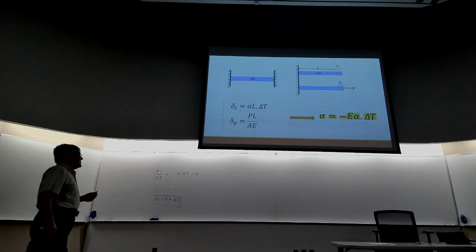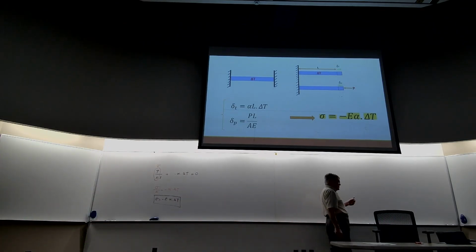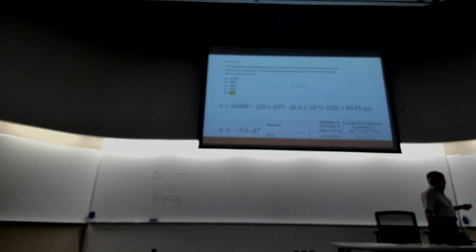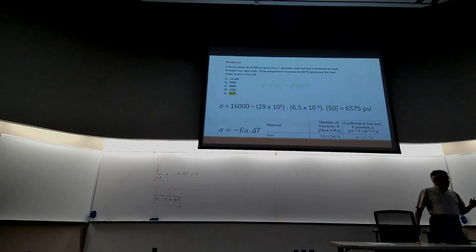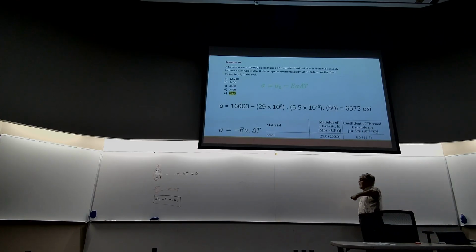And here's a numerical example in which we have an initial tensile stress of 16,000 psi in a 1-inch diameter steel rod, fastened securely between two rigid walls. The temperature is increased by 50 degrees Fahrenheit. We want to find the final stress.